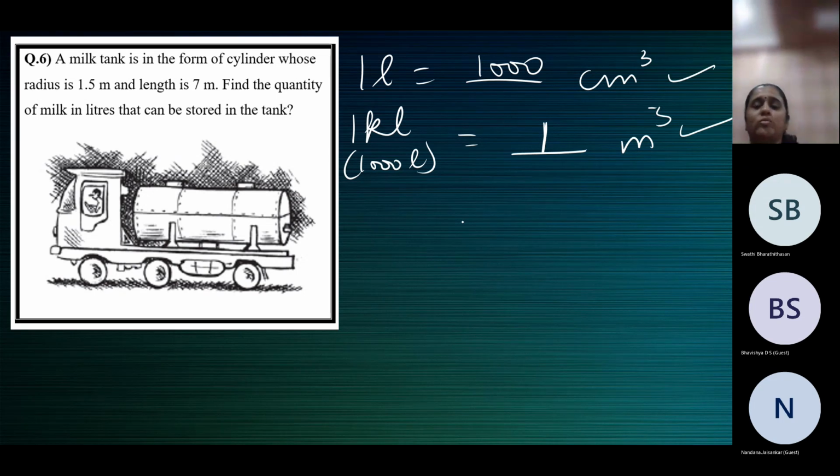All of you in your notebook, write this 3 times. 1 liter is equal to 1,000 centimeter cubed. Write that 3 times. Write the next one also 3 times, children.